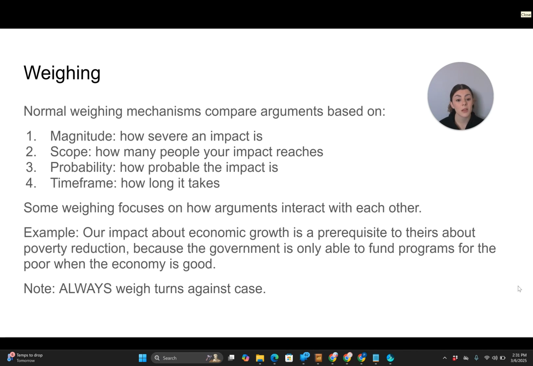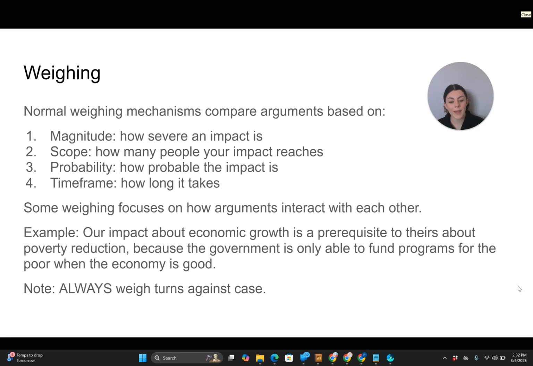But a lot of the statistics say that by this year, this is how many people will be impacted. You can just argue with that. As much as that source might be credible, we can't really weigh that compared to something that's actually happening now, right? Because at the end of the day, we don't know if that's actually going to happen or not. We don't know if we might break out in World War III by the time that happens. So time frame can be used by saying we should be focusing on the now, either by disregarding the past or disregarding the future.